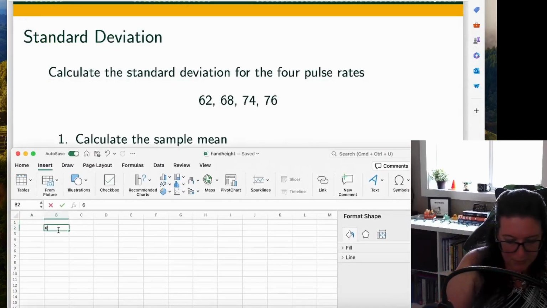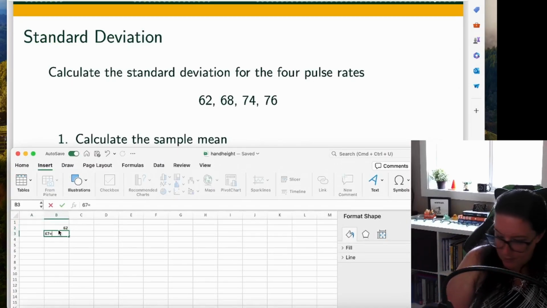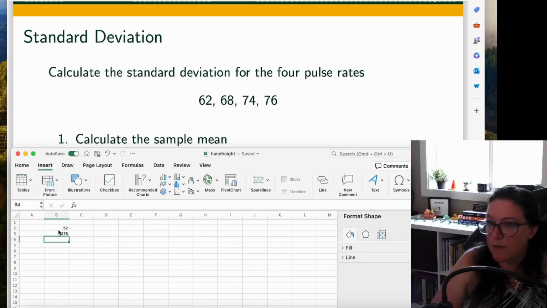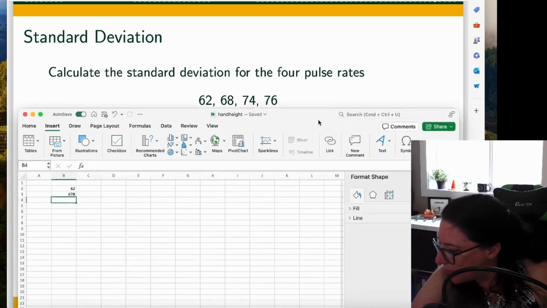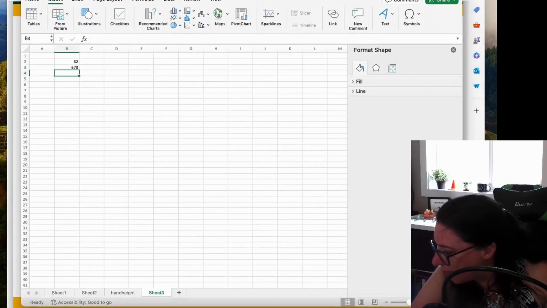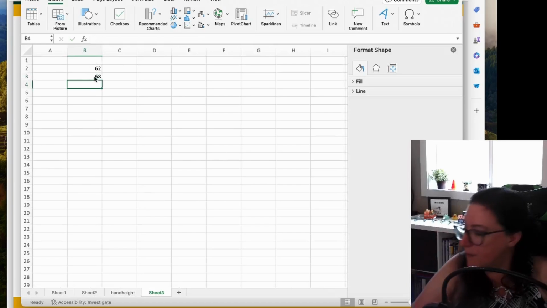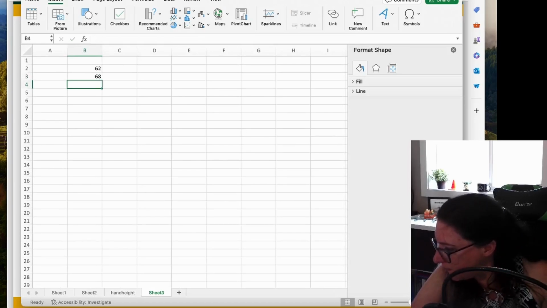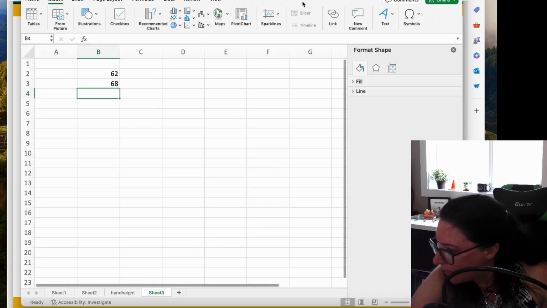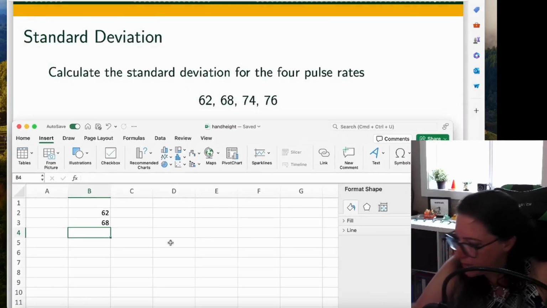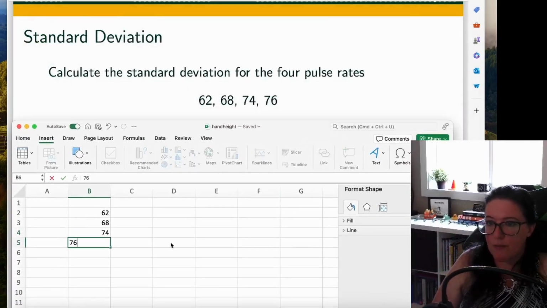Okay, 62, 68, and you can't see those. Those are super tiny numbers, so let's make this way bigger. All right, 62, 68, 74, and 76.